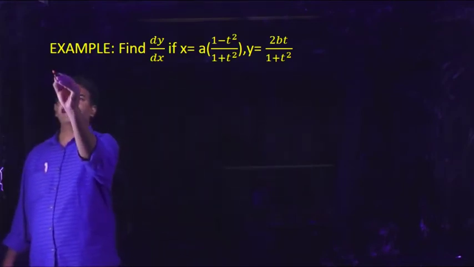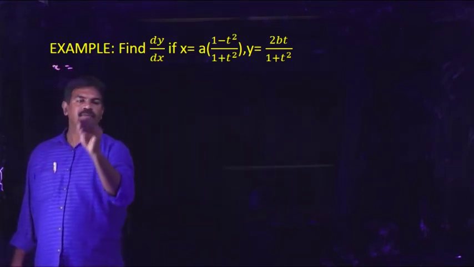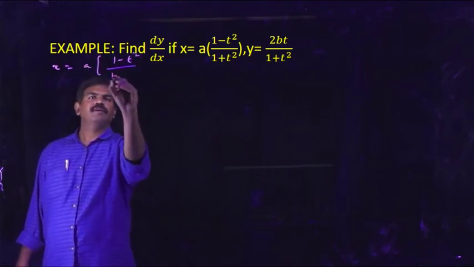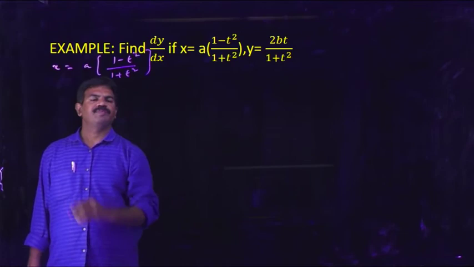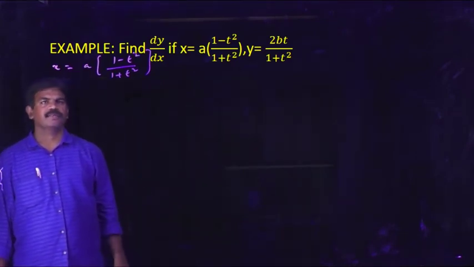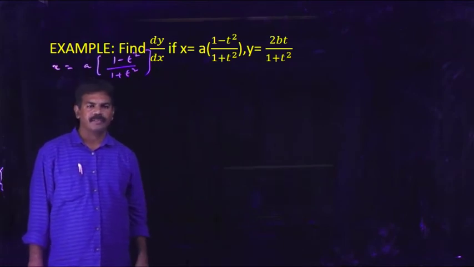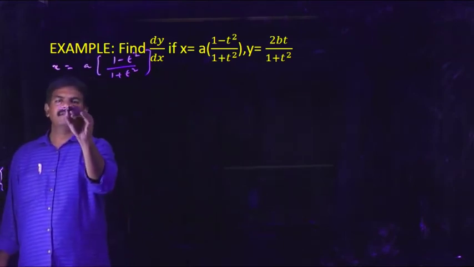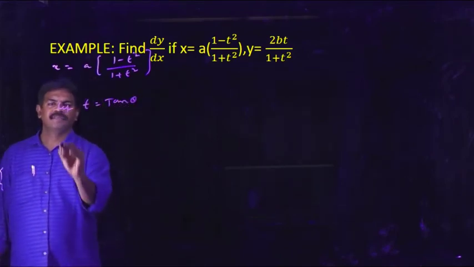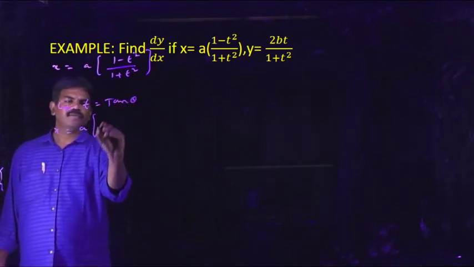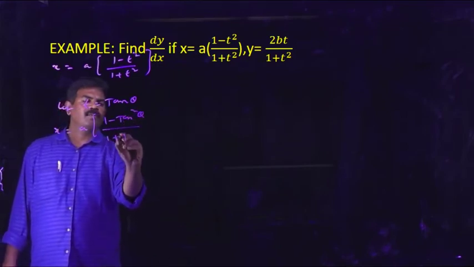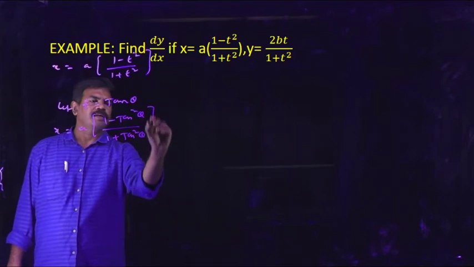First take x is equal to a into 1 minus t square by 1 plus t square. Let t is equal to tan theta. We write x is equal to a into 1 minus tan square theta by 1 plus tan square theta.